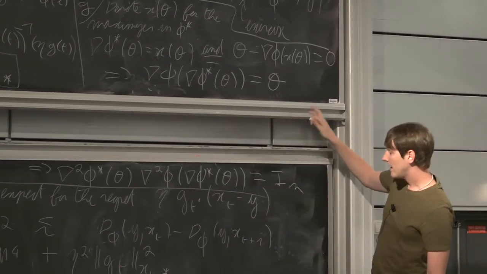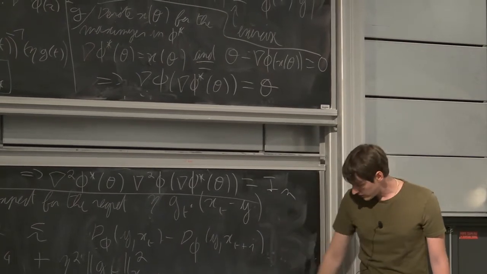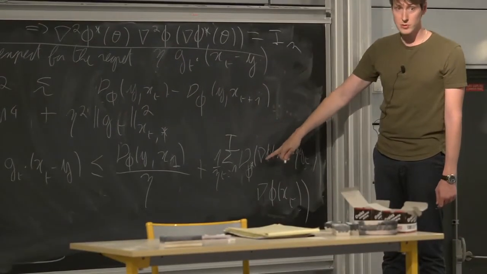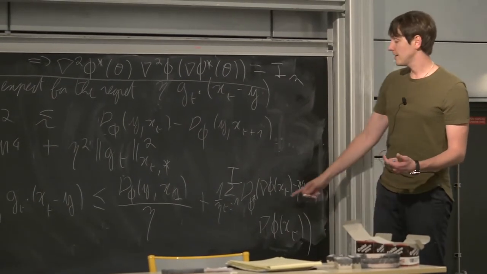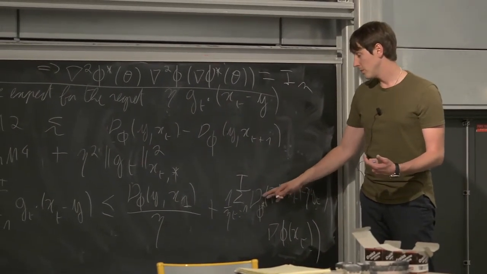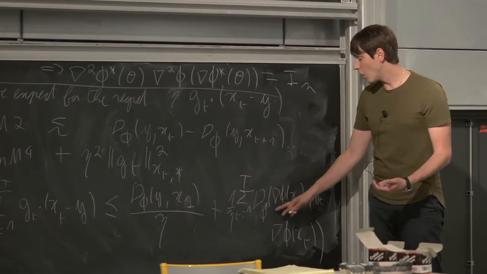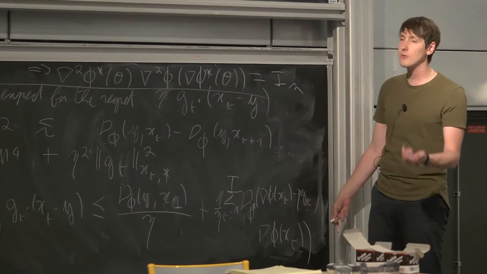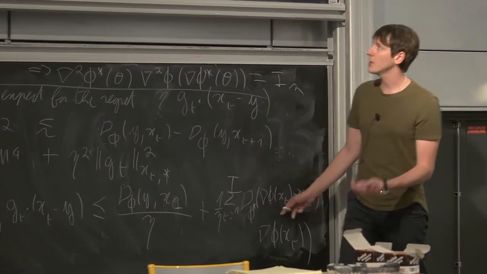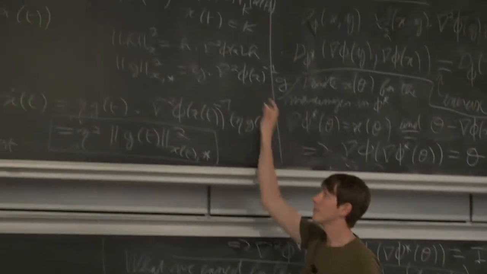So that's why this term that I wrote here, which is a Bregman divergence of phi star, you should really interpret as a norm which corresponds to the Hessian of phi star, and the Hessian of phi star is the inverse Hessian of phi, which is nothing but this norm.